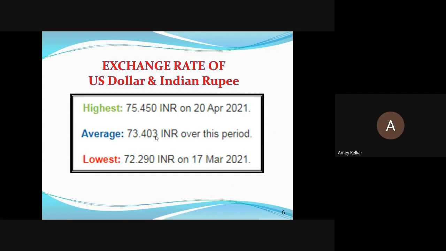I felt that this example can make things clear in a better way, how the value of money changes with time. And always remember, as you will be in the field where you'll be dealing with money, you should keep track of these currency rates, because sometimes some purchases are done in dollars.